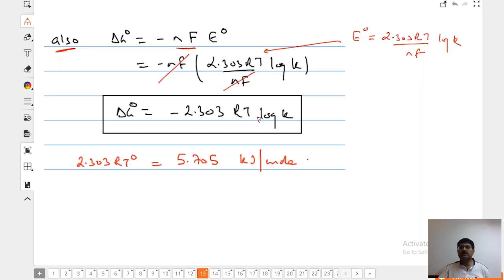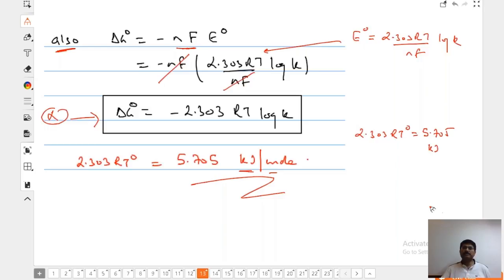We are left with 2.303 RT log K. Do you remember the value of 2.303 RT? 5.705 kilojoule per mole, yes bachcho. And Dipesh, remember it is kilojoule per mole. Write down this relationship in your notebook.